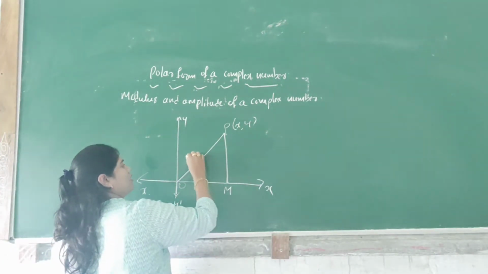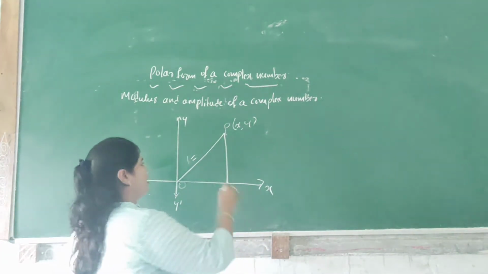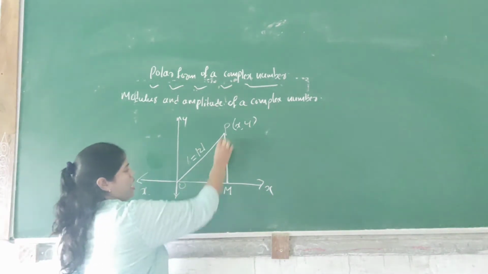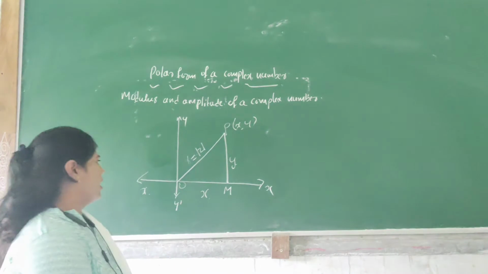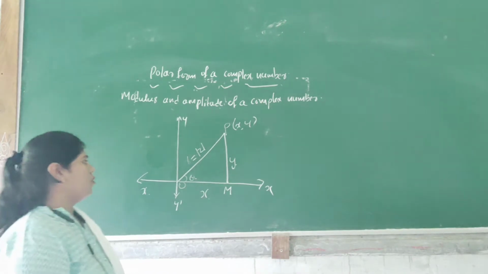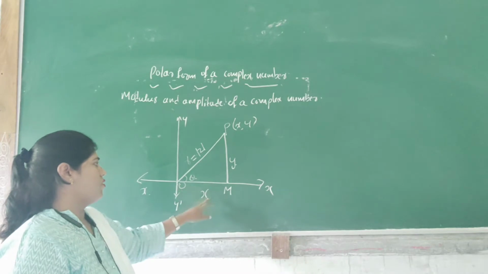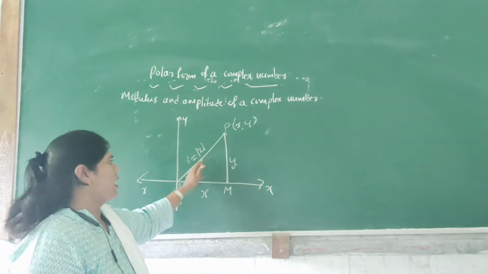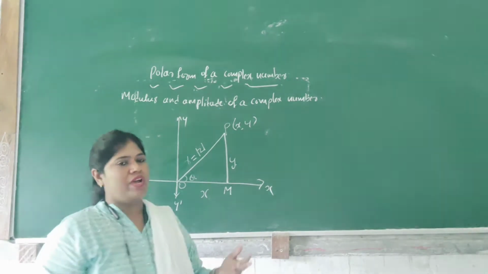This OP is r, which is nothing but the modulus of z. This OM is x and PM is y. If you take the right-angled triangle, this angle is called theta. In triangle OMP, OM equals x, PM equals y, and r is the modulus of z, which equals the square root of x square plus y square.